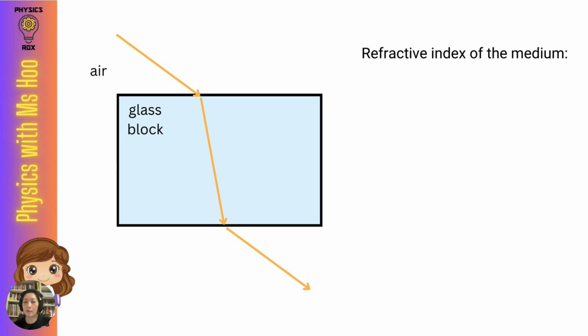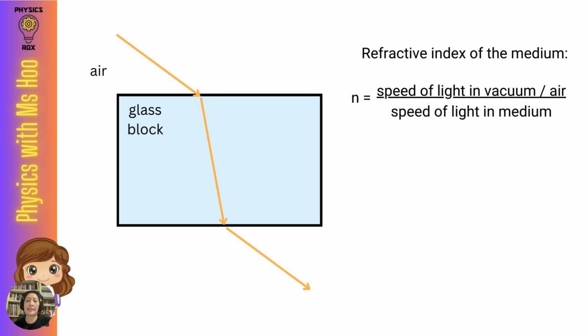So the first one obviously relates the speed, because we know that light travels at different speeds in the different mediums. So when we calculate the refractive index, it's always a refractive index of the medium. That means if we have a glass block, we're calculating the refractive index of glass. If we want to observe how the light bends in water and we want to calculate the refractive index, it's the refractive index of water.